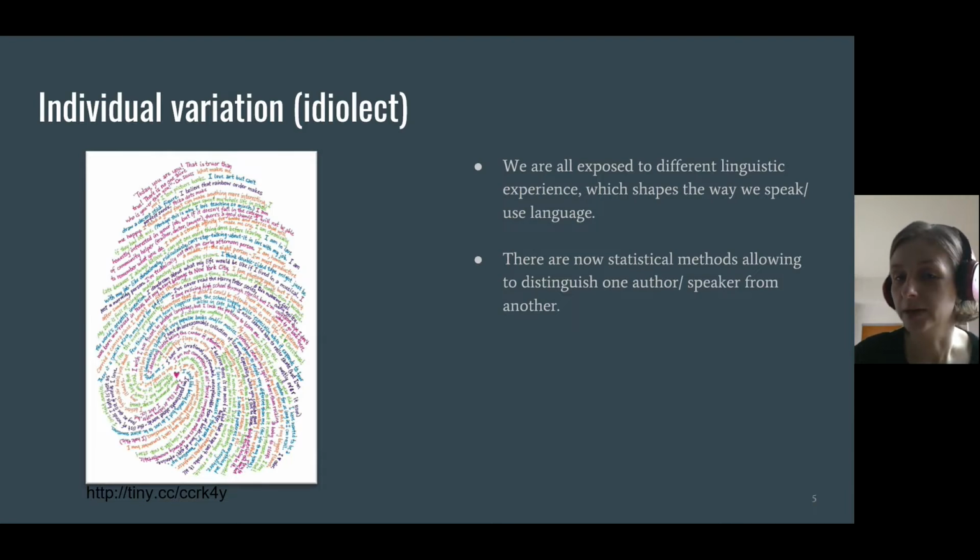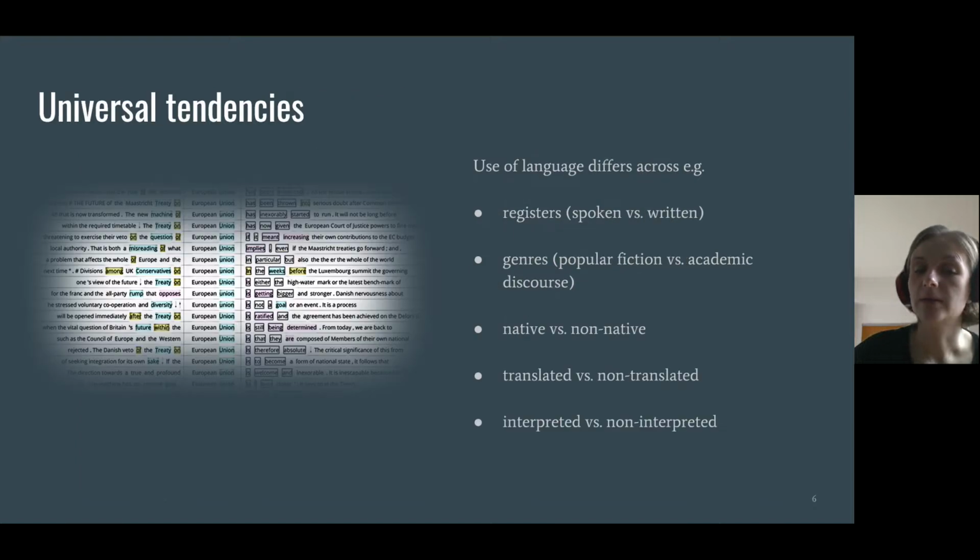We are all exposed to different linguistic experience, which shapes the way we speak and the way we use language. And today there are statistical methods allowing to distinguish one author from another author, one speaker from another speaker. There are also universal tendencies, which make the use of language different across different linguistic situations, like registers.